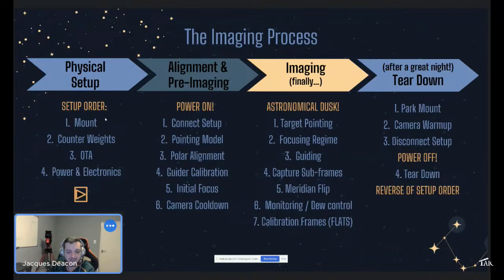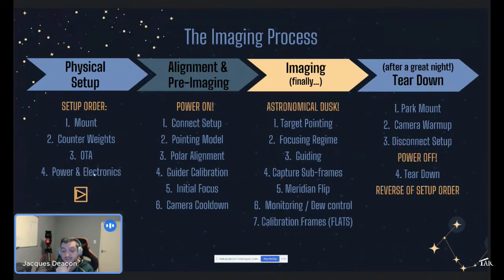So the order is very important that you set up. So firstly, you want to set up your mount, you want to put your counterweights on, then you want to put your OTA on with your camera and all the attached bits, and then you want to hook up your power electronics.